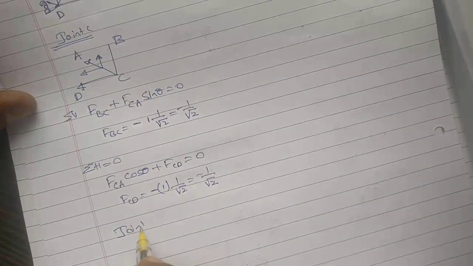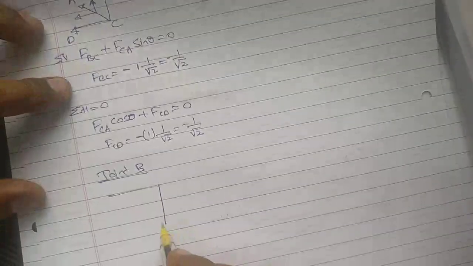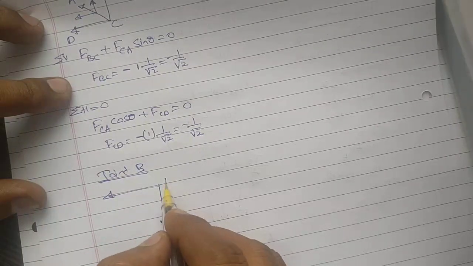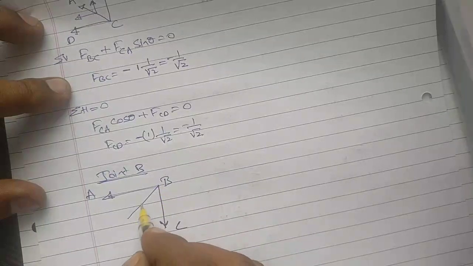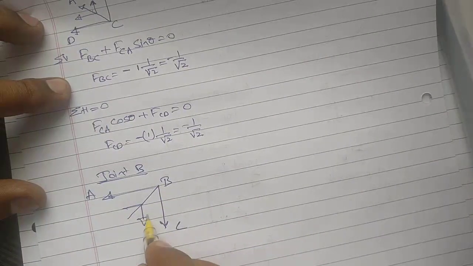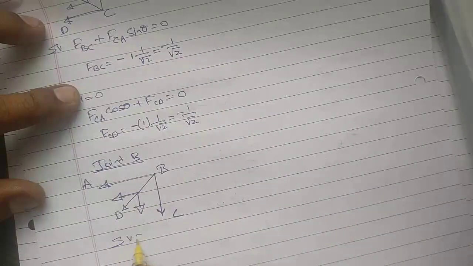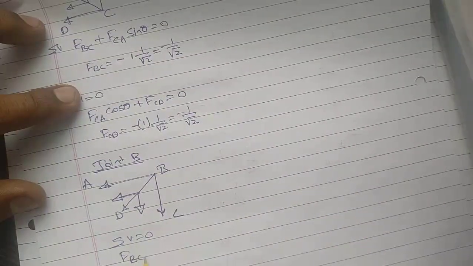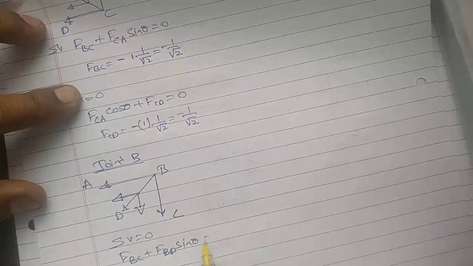Joint B. So you have like this, C, A, this is B. Now sigma V is equal to 0. FBC plus FBD sine theta is equal to 0.